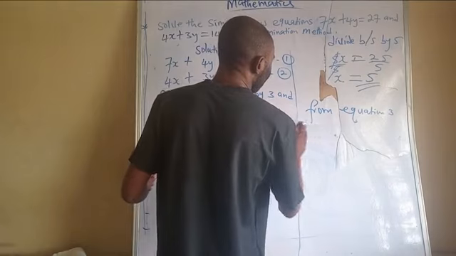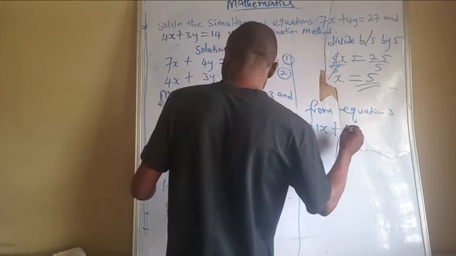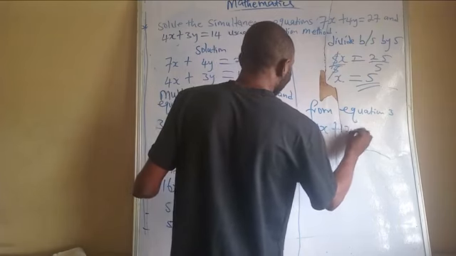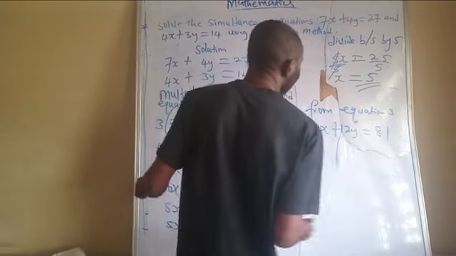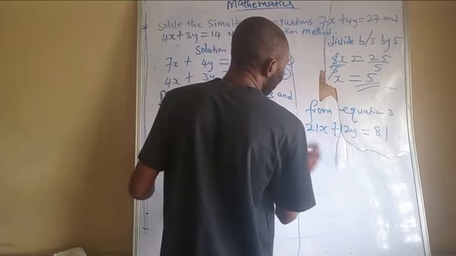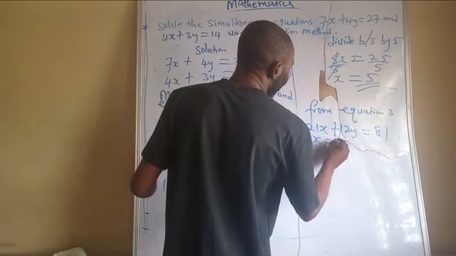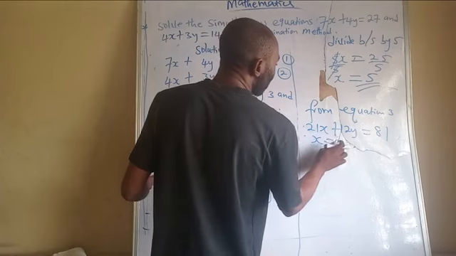21x plus 12y is equal to 81. Since x is equal to 5, where you see x, substitute it by 5.